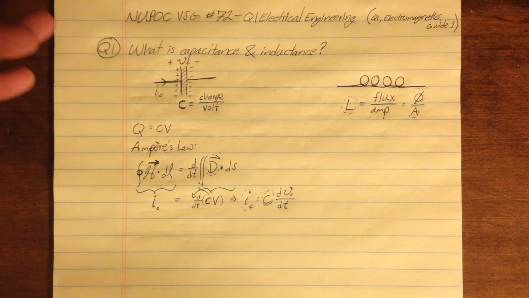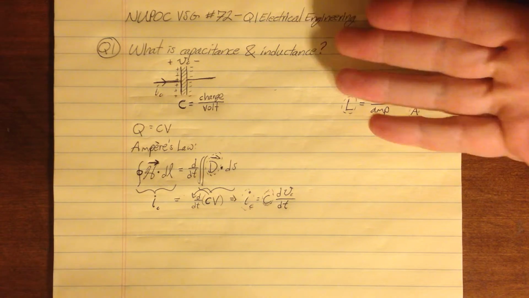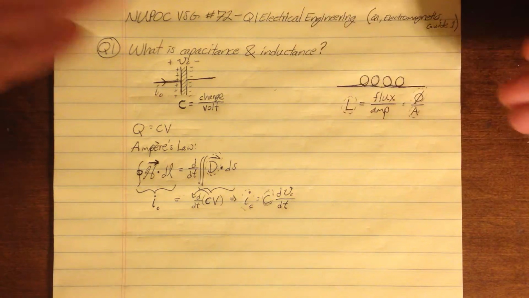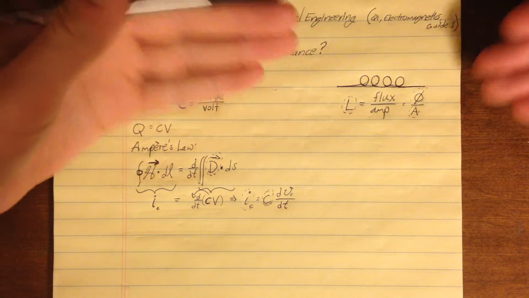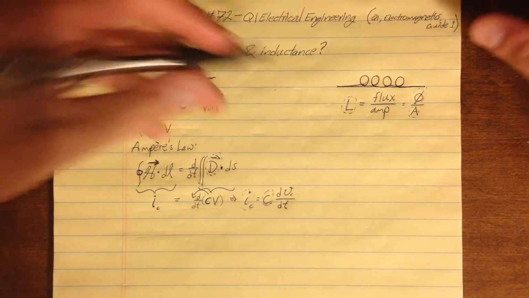Now, similar to the capacitor, another way to think about this is that inductance is the ability of a structure to resist change in current. A capacitor's capacitance is the ability to resist change in voltage. The inductance is the ability to resist change in current. And again, we can look at this from first principles.